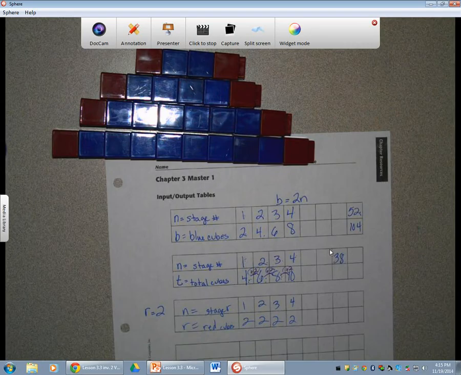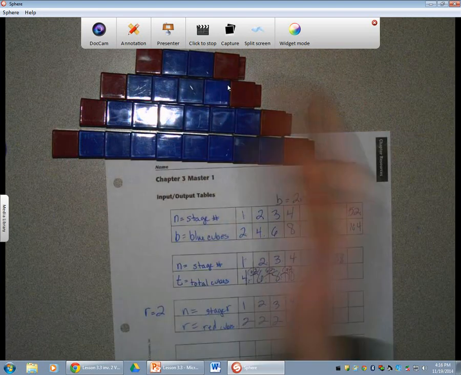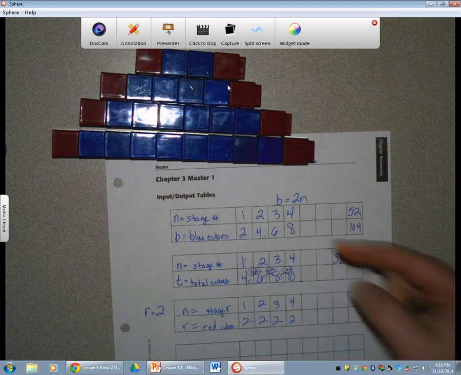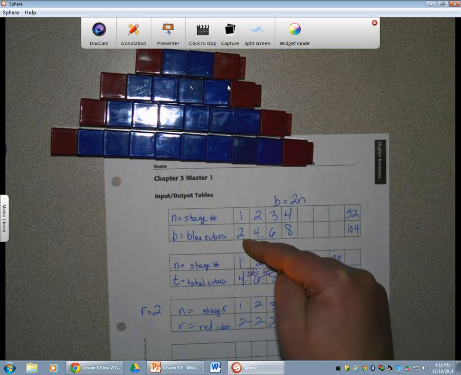So again, just to review what we did, we took our pattern, we translated it into a function table by looking at the stage number and another variable, like the number of blue cubes, the number of red cubes, or even the total number of cubes. And then we went from our stage number to our output to find our pattern.